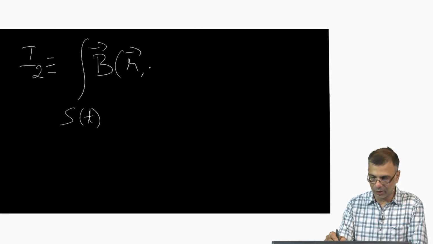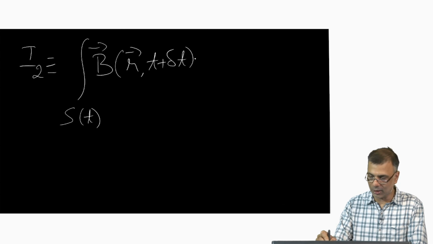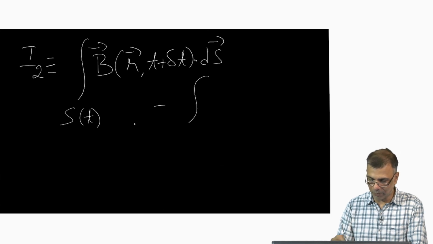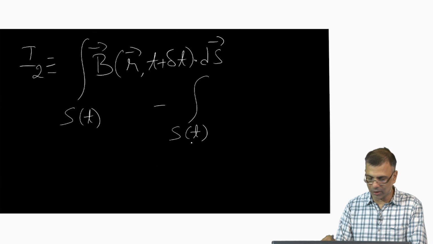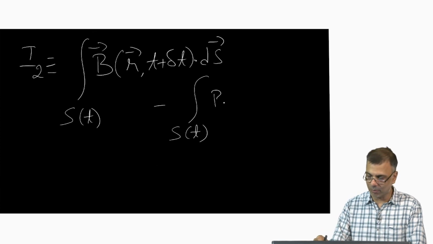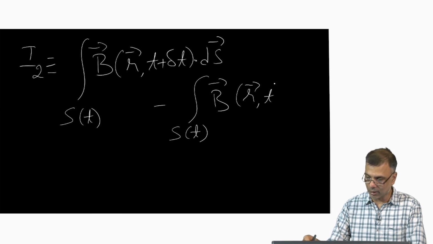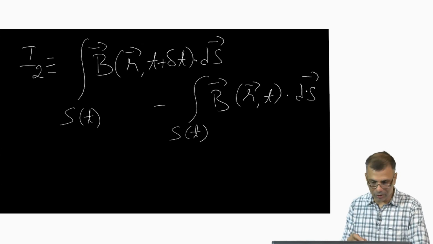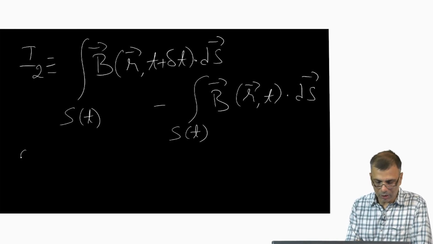So here it is the integral of B at r, t plus delta t over that area, minus, keeping the area over which I am integrating the same, but changing the B. Okay.